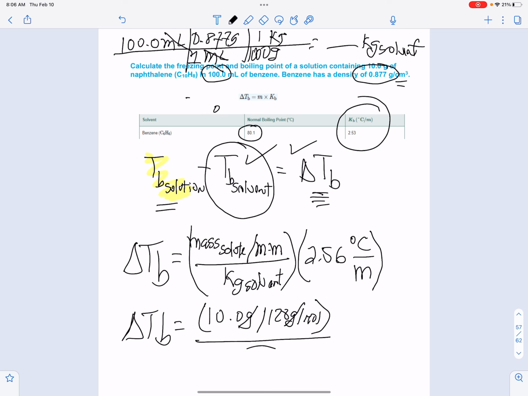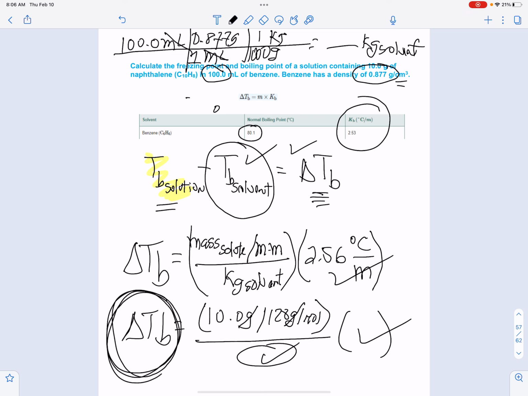When I put that in there and I multiply it by this number, that should give me my delta Tb. Remember, this is not a math class, so I'm just explaining the process, not the math. So once I calculate this, like I told you from here, this is nothing more than this value.